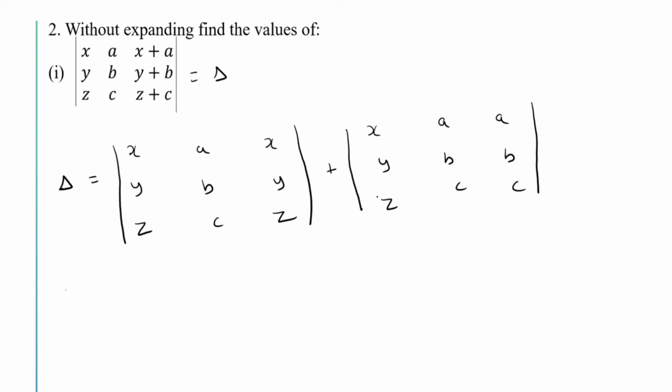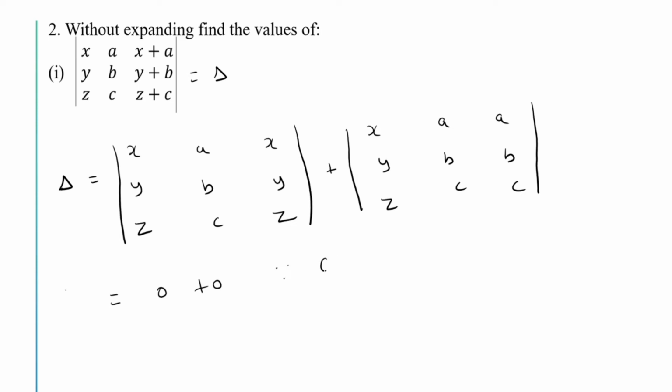So if we have any column or any row as sum of two or more terms, then we can write the given determinant as sum of two different determinants. So here if we see, in this case these two columns are identical, and here these two columns are identical. So this is also 0 and this is also 0. So this is equal to 0 plus 0.